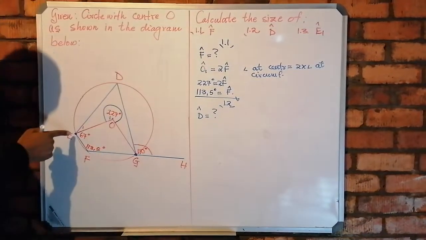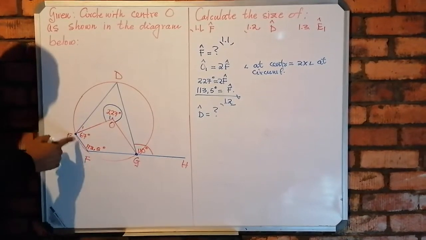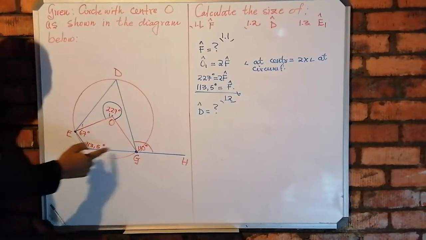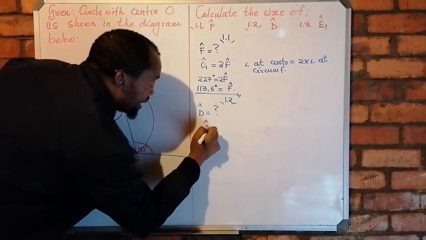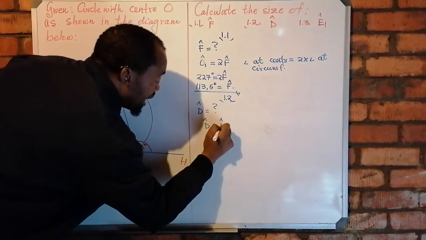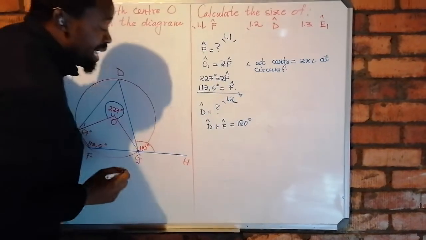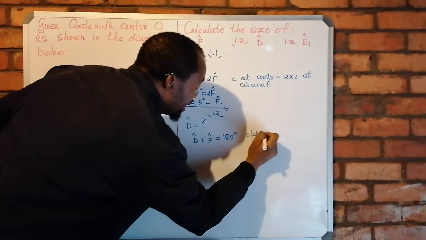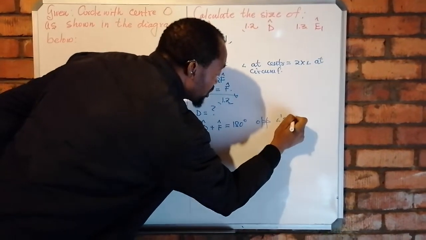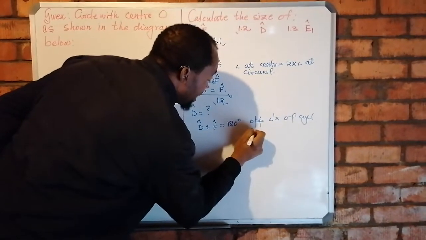I know from the theorem that opposite angles of a cyclic quadrilateral are supplementary. That is angle D plus angle F, they add up to 180 degrees. The reason is these are opposite angles of a cyclic quadrilateral.